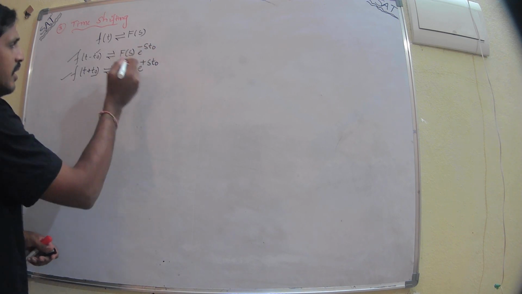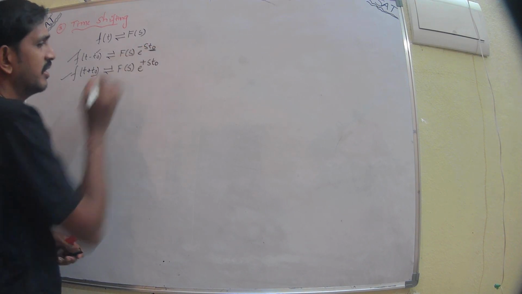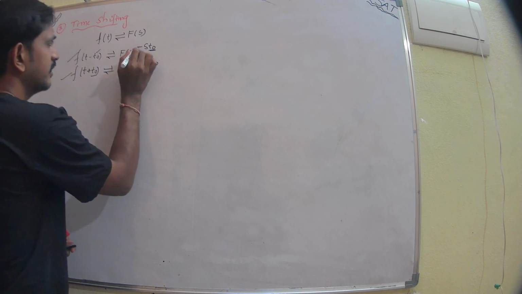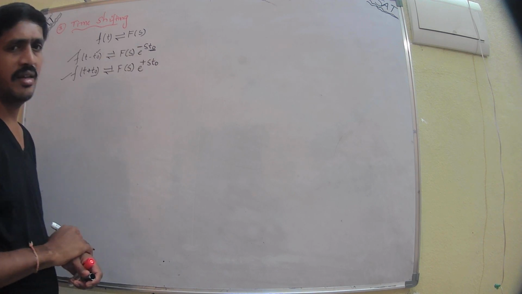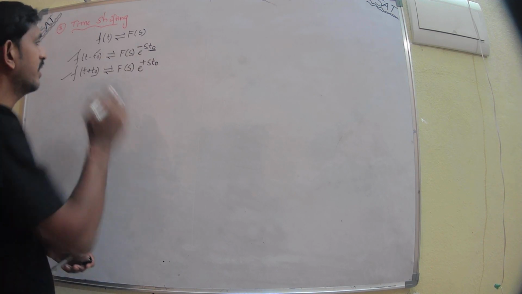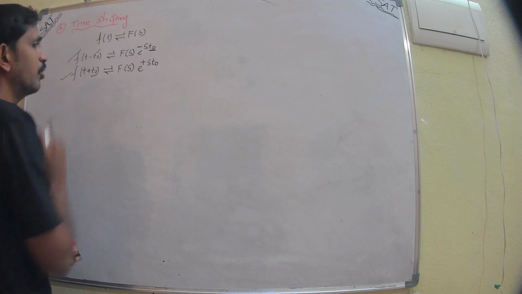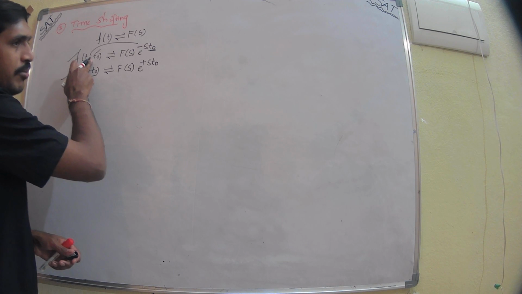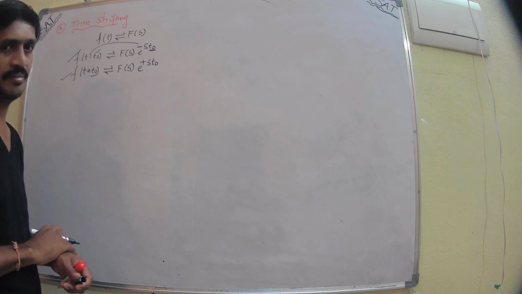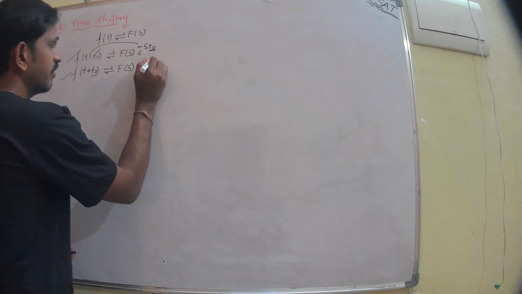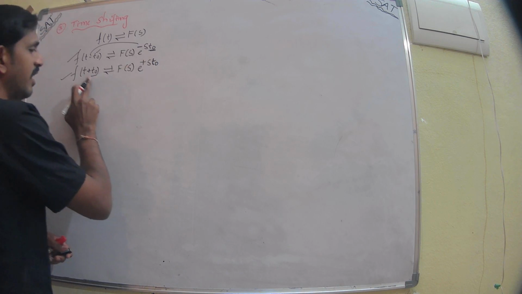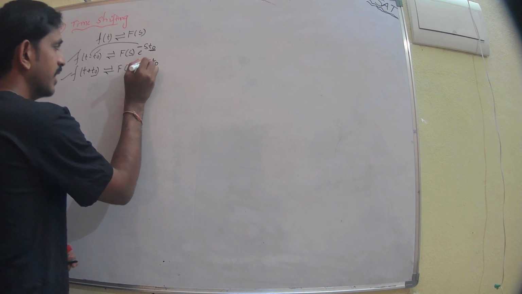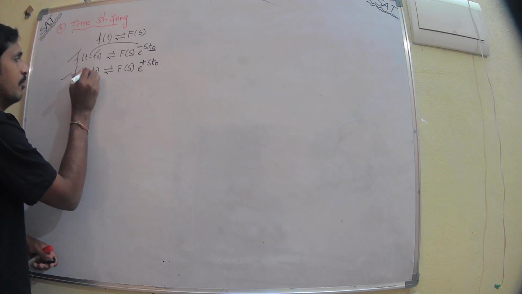Here t naught is a factor by which we can perform the right shift, and the minus sign is the same as what we have in the time domain function: minus in time domain, minus in exponential function. And also t naught is a factor by which we can perform the left shifting, and the plus sign is the same as in the time domain.